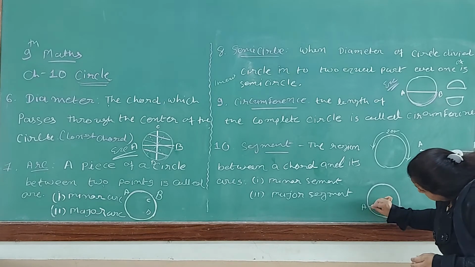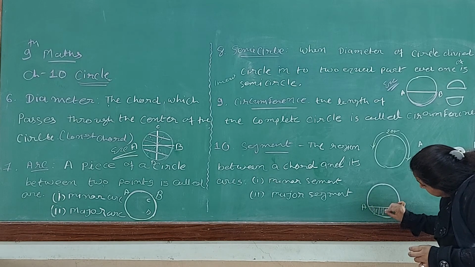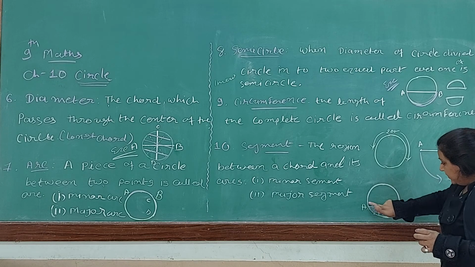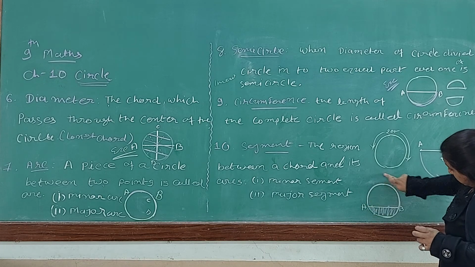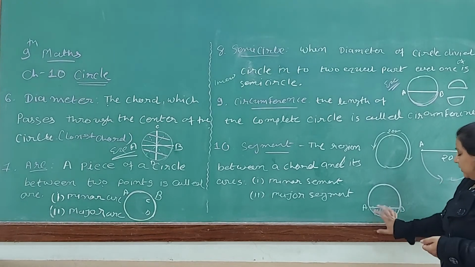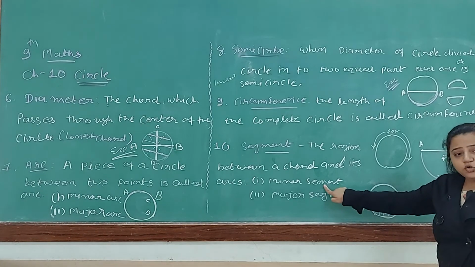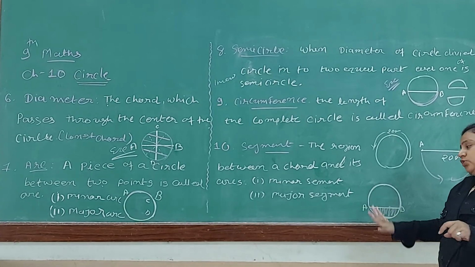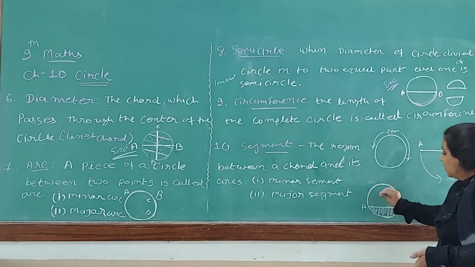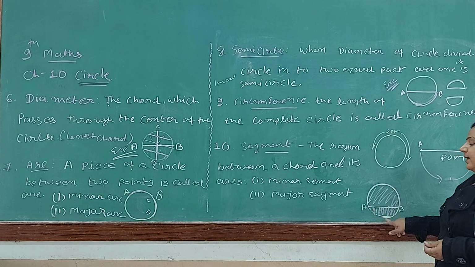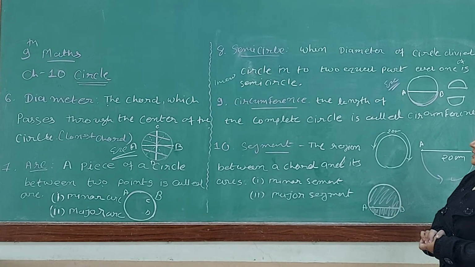Now this one is arc plus chord. Right? So the small area is known as minor segment, and the large area is known as major segment. So we can say that the addition of chord and arc is known as a segment.